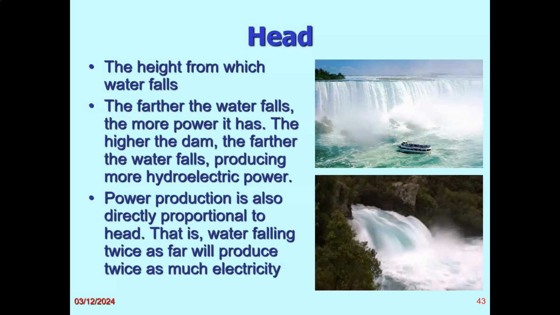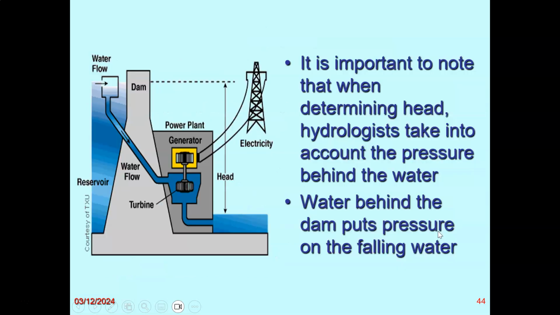So we can consider that the produced power is proportional to the head. It means that if the water falls twice as far, it will produce twice as much energy. That is the effect.